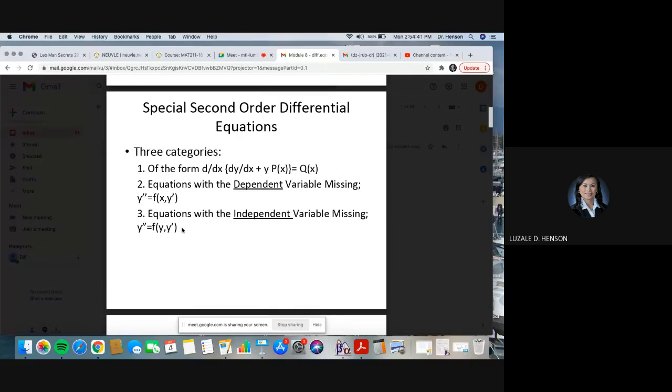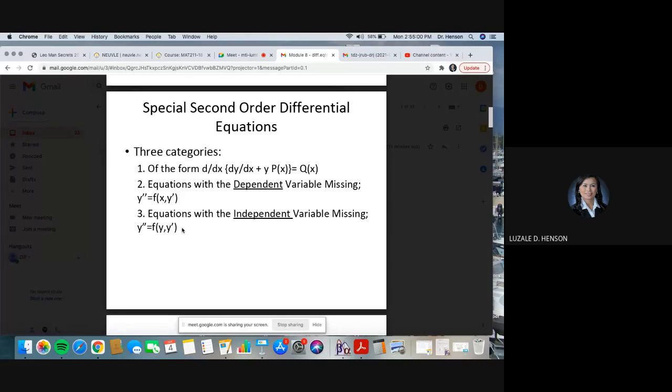So as you can see, there are three cases for this type of second order. What is a second order differential equation? This refers to those differential equations wherein you can find expressions such as the second derivative of the dependent variable with respect to the independent variable.